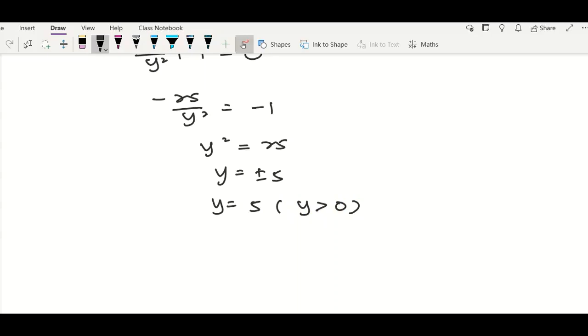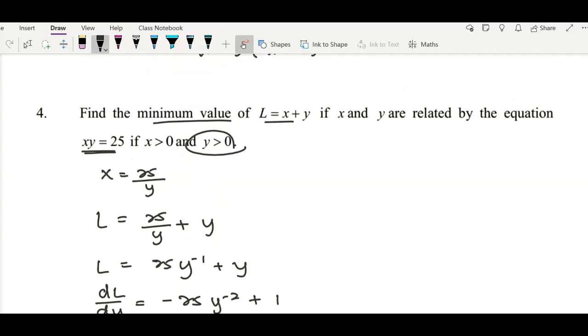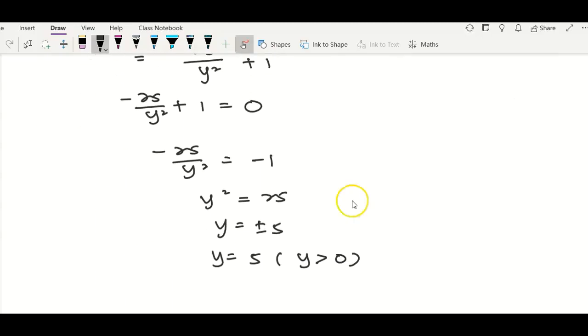Then we need to find the minimum value of L, and we're not sure whether this y equals 5 can make our L maximum or minimum. We need to test with the second derivative. That means we need to find d2L/dy2.